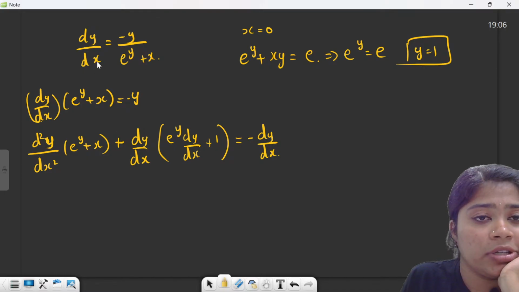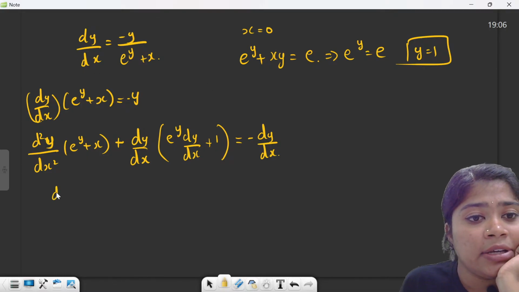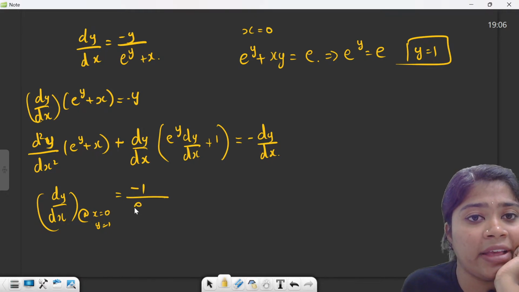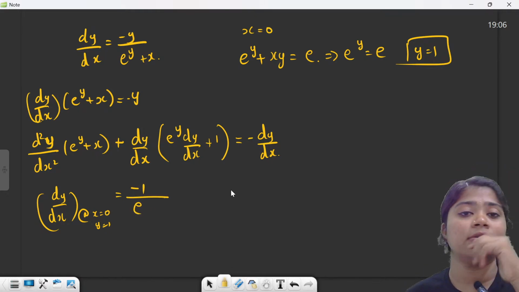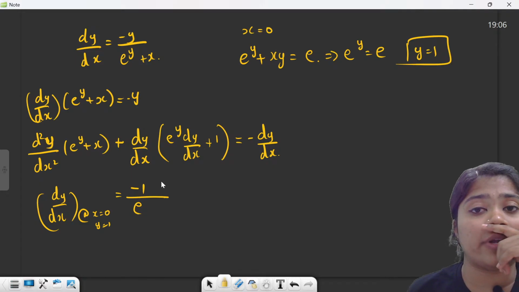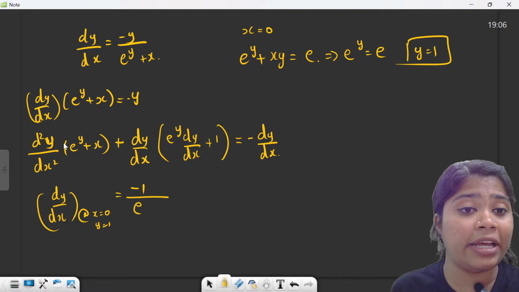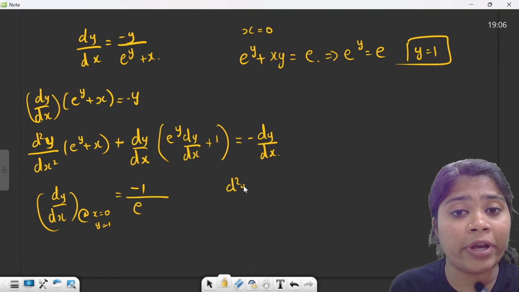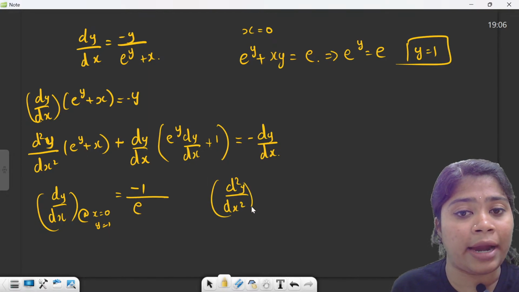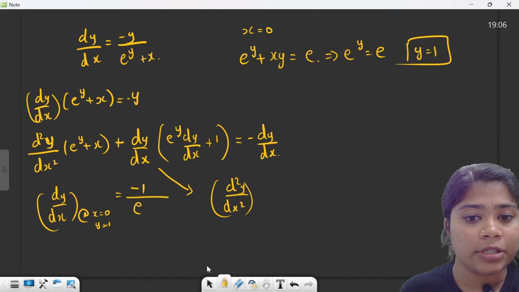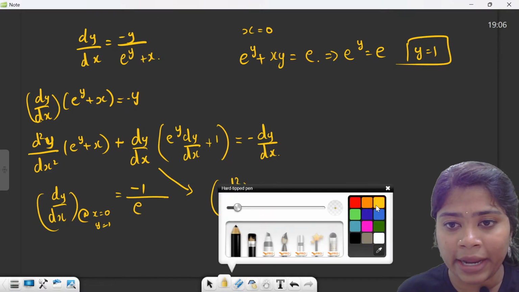So what is dy by dx? dy by dx at x is equal to 0, y is equal to 1, equals minus 1 divided by e. That's it, e to the power 1 plus 0, so minus 1 by e. This is the dy by dx value. Similarly, I want to find d square y by dx square at this point.